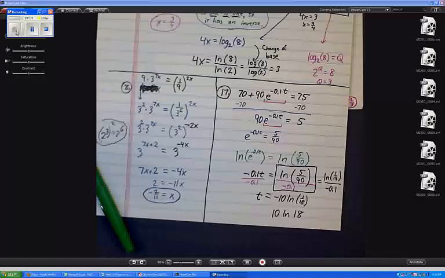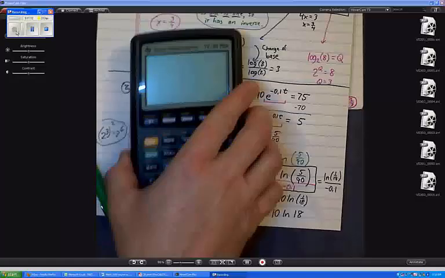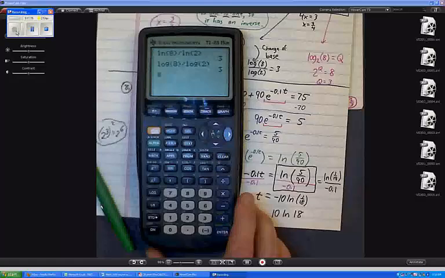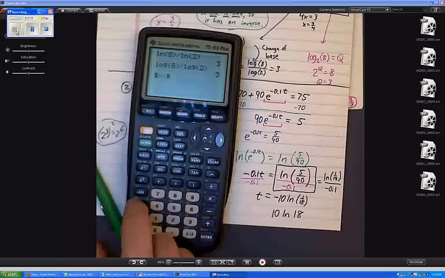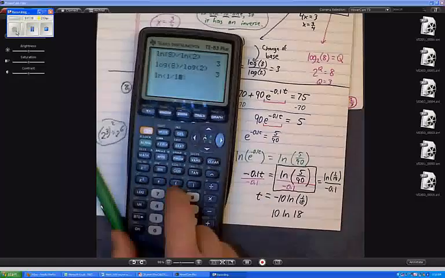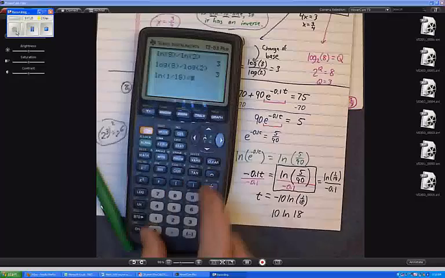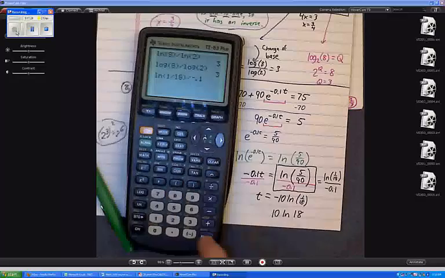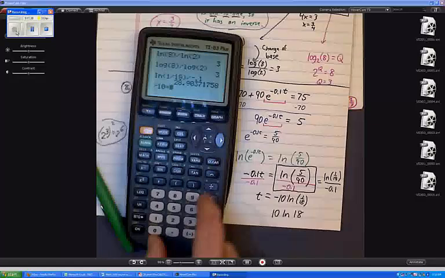I mean, if I type into my calculator natural log of 1/18 divided by negative 0.1, I get that. If I type in negative 10 times the natural log of 1/18, I get the same thing.